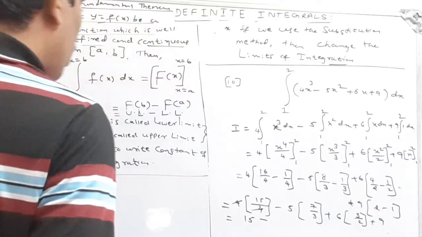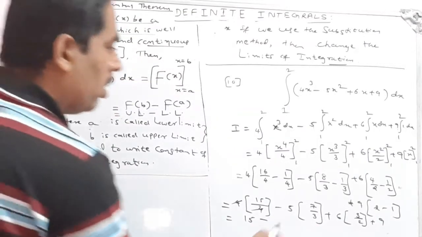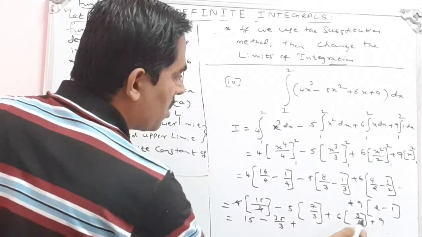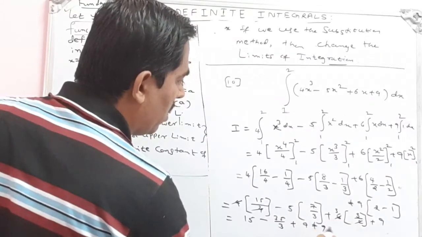So we can calculate that. 5 into 7 is 35 by 3, plus, we can cancel the 2 and 3s, and 3 3s are 9, so 9 plus 9.